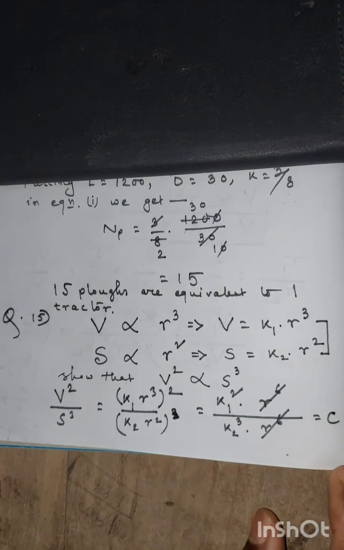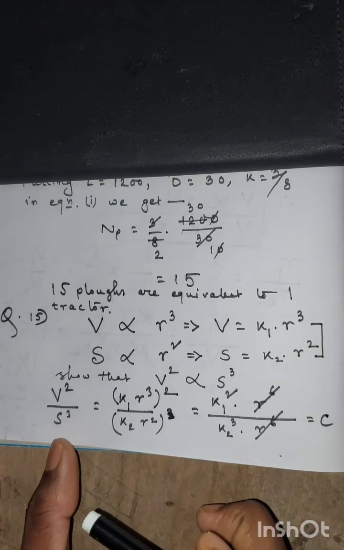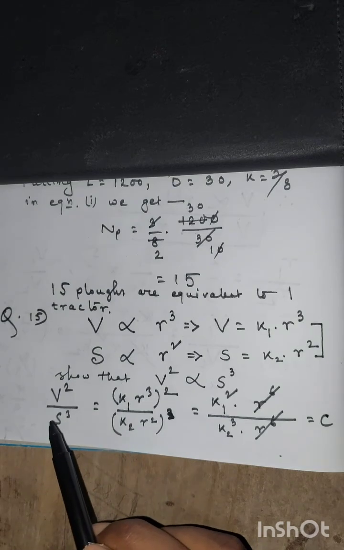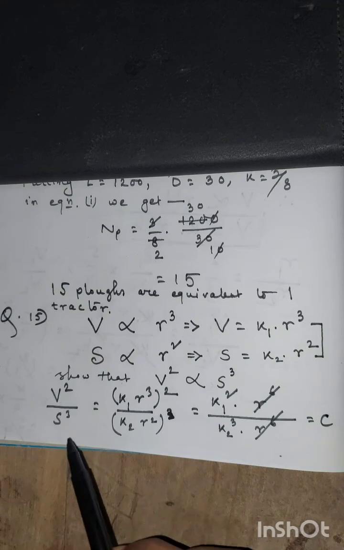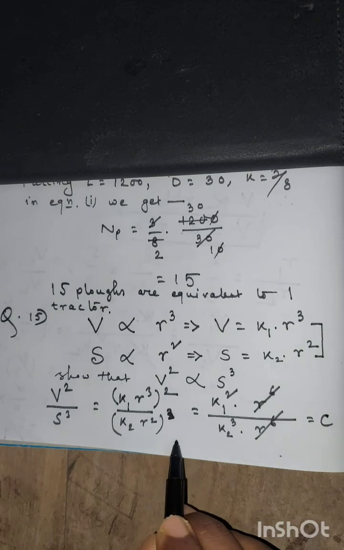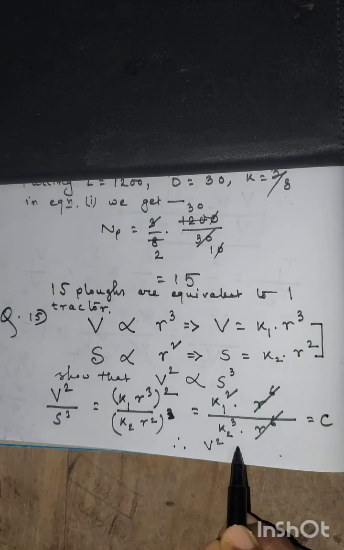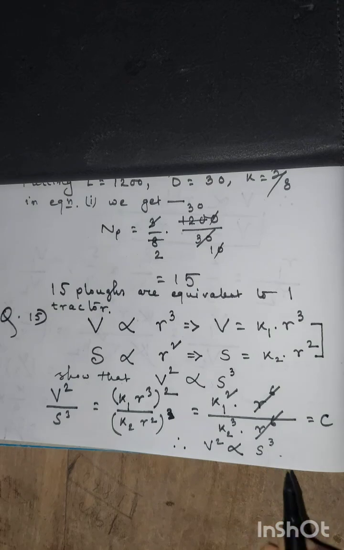So we can see that the ratio of these two quantities is a constant. Therefore we can say V square is directly related to S cube. So this is our required solution.